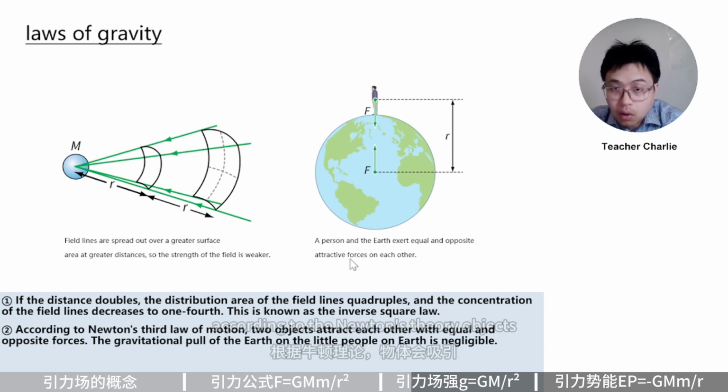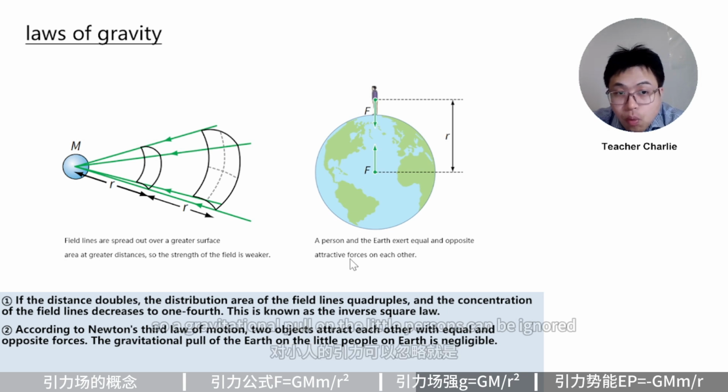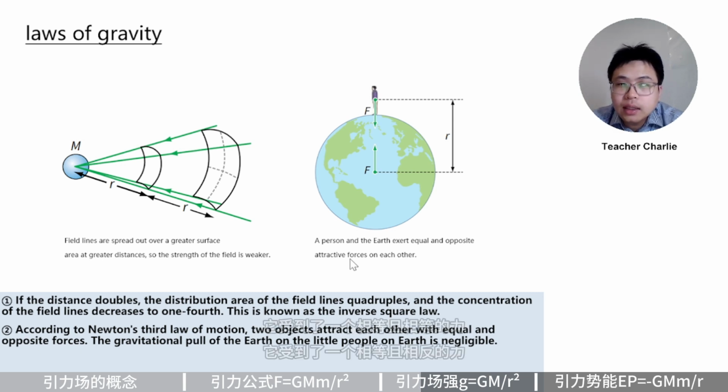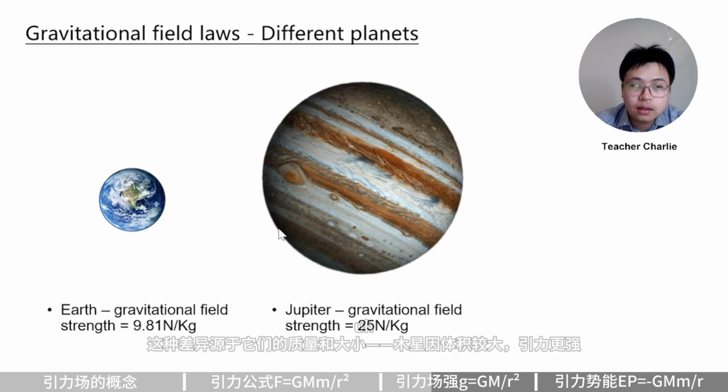According to Newton's third law, objects attract each other with equal and opposite forces. So the Earth's gravitational pull on the little person is what matters, and the person's pull on the Earth can be ignored. This diagram shows the strength of the gravitational field of different planets. On the left, Earth is 9.81 newtons per kilogram, and on the right, Jupiter is 25 newtons per kilogram. This difference stems from their mass and size.